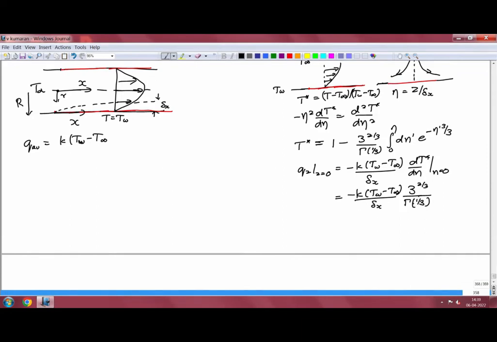So, we had it as k into Tw minus T infinity into a constant 0.81, divided by alpha L d by V s prime whole power 1/3.